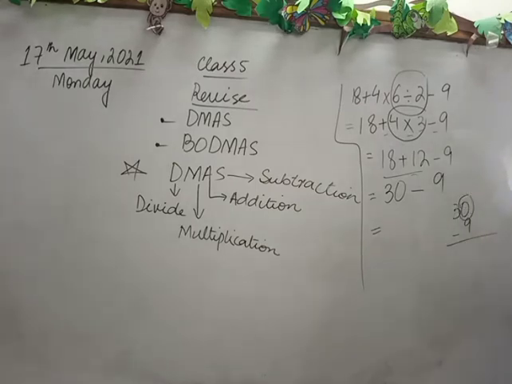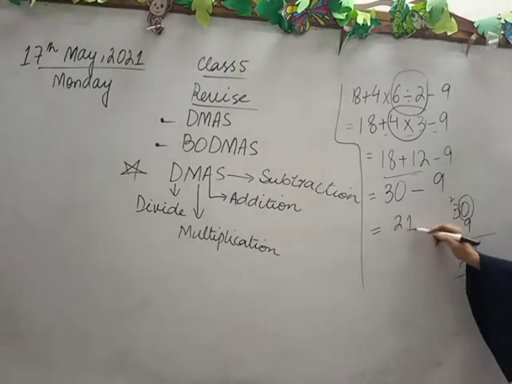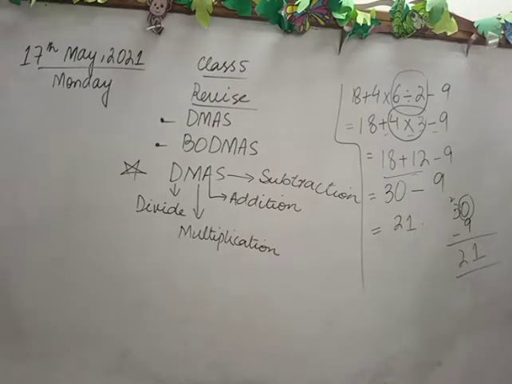Now this number will become a 2-digit number which is 10. So 10 minus 9 is 1. और यहाँ पे क्या है हमारे पास remaining 2. So 2 as it is आ जाएगा. Fine. We will write 21 here.